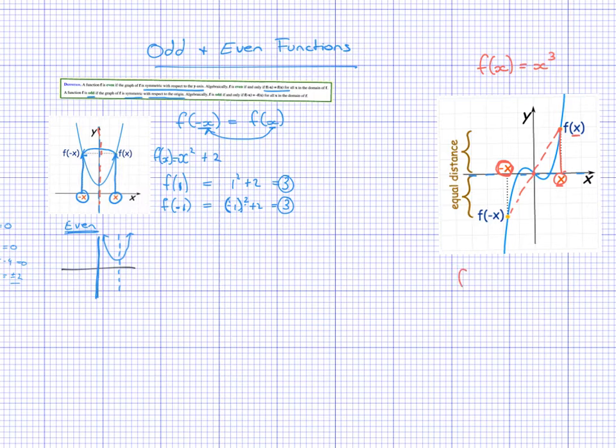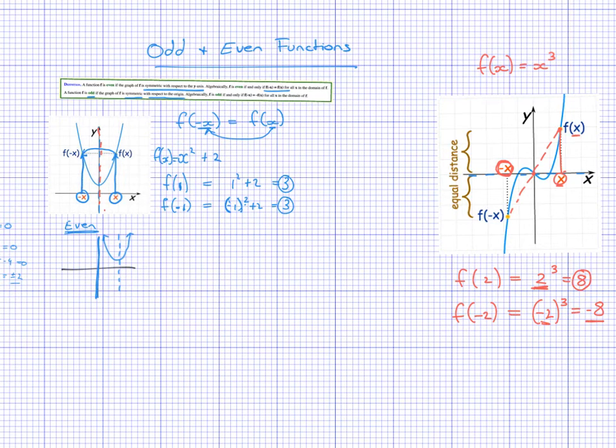If I plug in f at 2, I get 2 cubed, which is 8. If I plug in f at minus 2, I get minus 2 cubed, which is minus 8. So you can see it's the same but opposite, right? As the input was the same but opposite, which is very different from this even function over here.